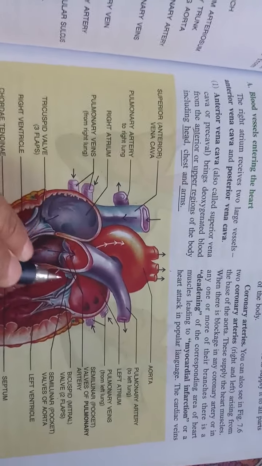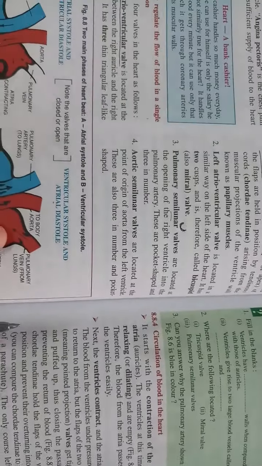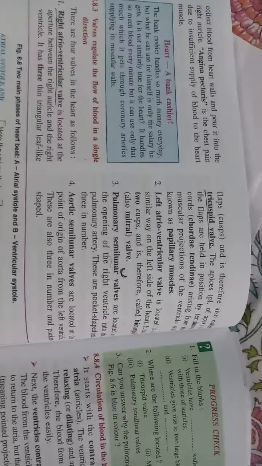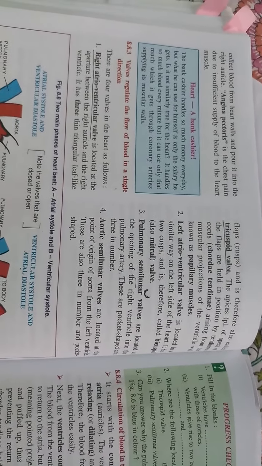This is called the aortic semilunar valves, and same for the pulmonary semilunar valves where the pulmonary artery arises. Now this is about the structure of the heart. In the next video we are going to see the function of the heart, right?